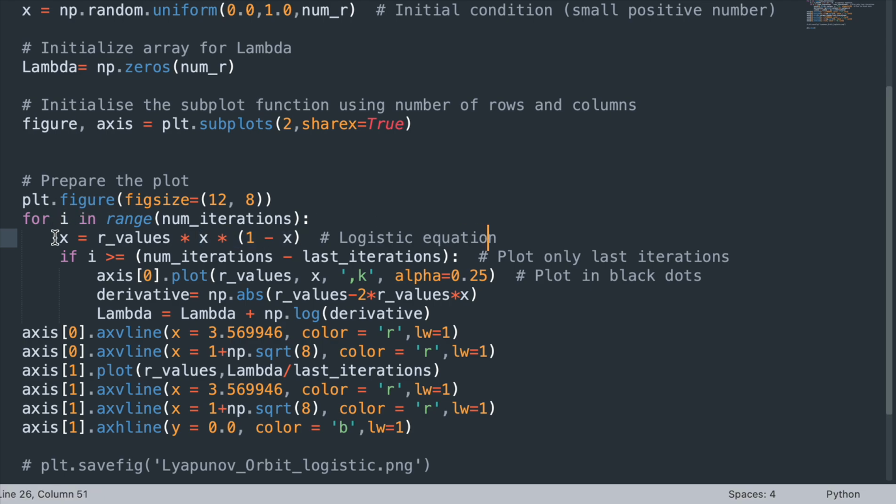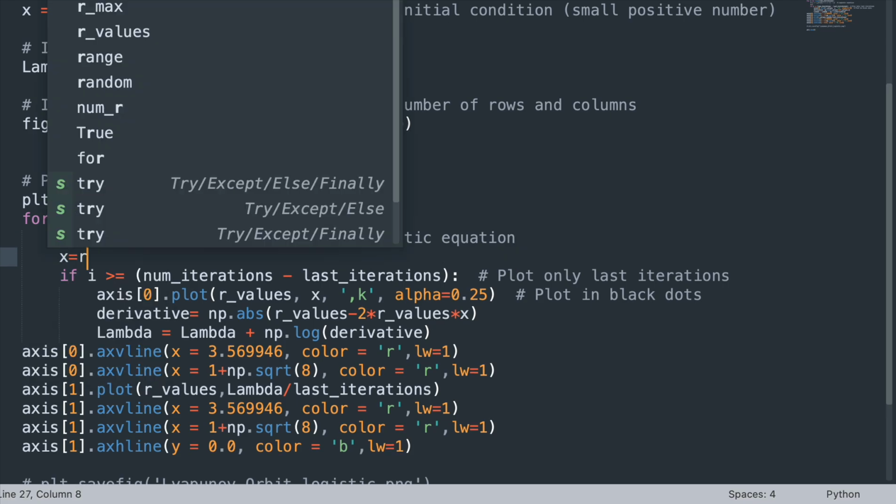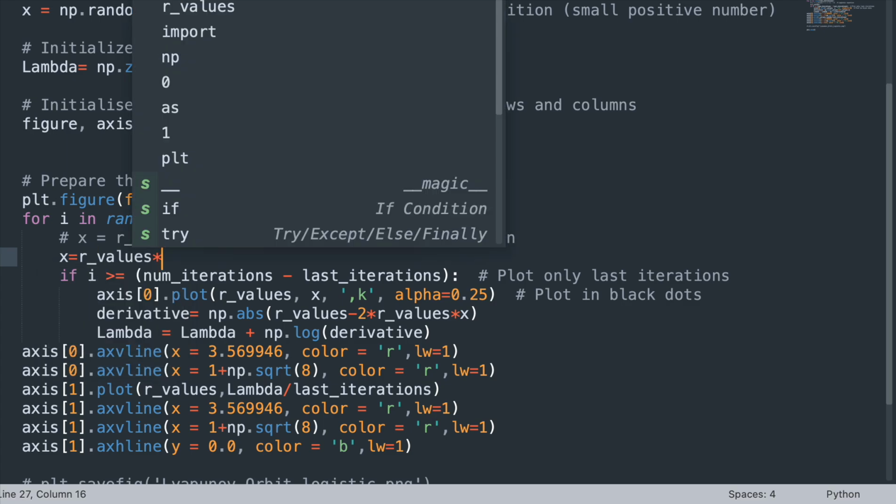Let me write it in this way: x equal to r into sine.